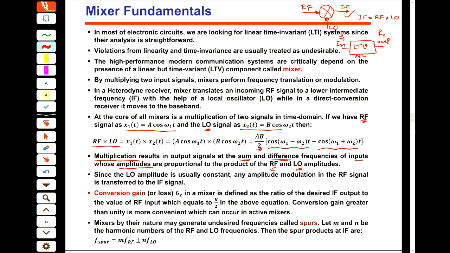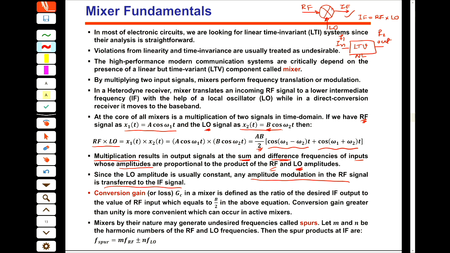So if we assume that this LO that we are generating is constant, I mean this B is constant, then the output is directly proportional to the input. So the amplitude is transferring to the IF directly.